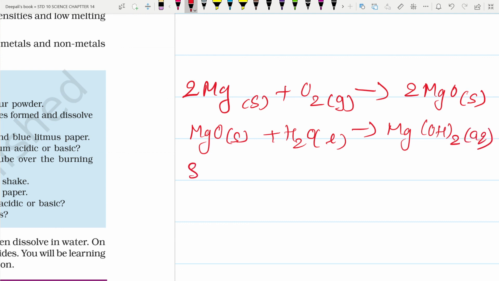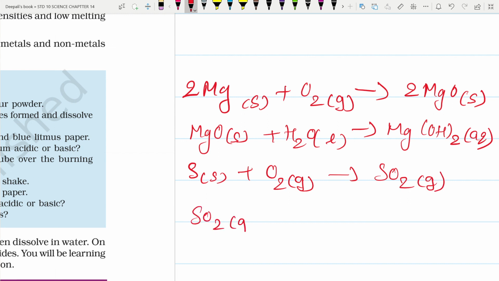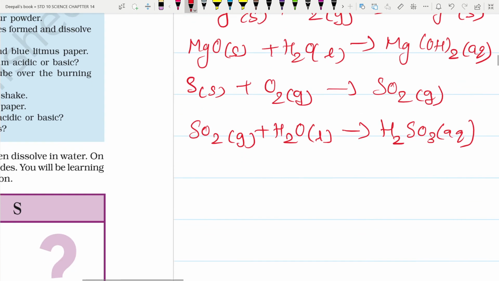And you have S, sulfur, plus oxygen on burning gives sulfur oxide, which is a gas, and this sulfur oxide gas when dissolved in water, which is a liquid, gives H2SO3, which is acidic in nature.